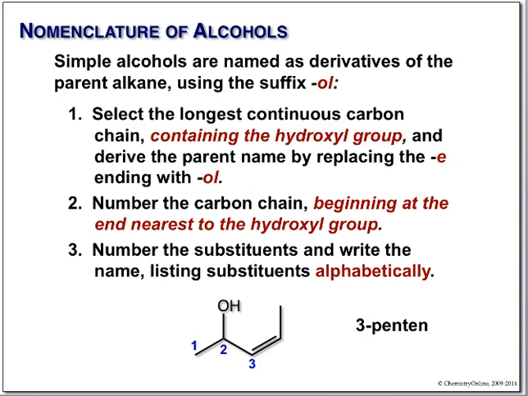And we have to indicate that we have an alcohol here at carbon 2. Because we have two functionalities in this compound, we put the pentene first, and then we indicate where the alcohol is by saying 2-ol. 3-pentene, 2-ol.